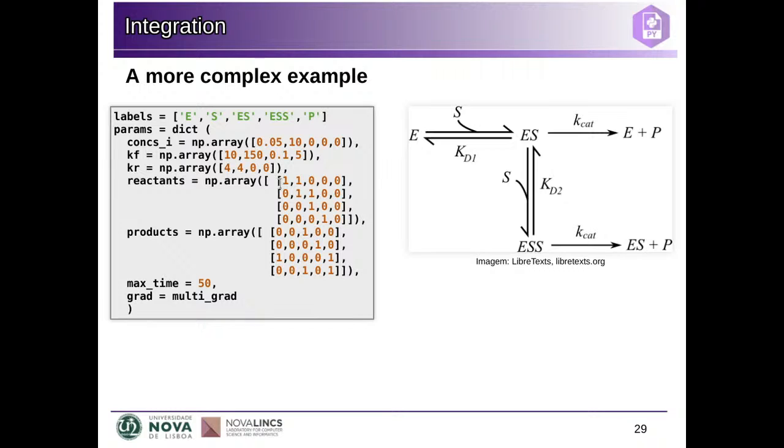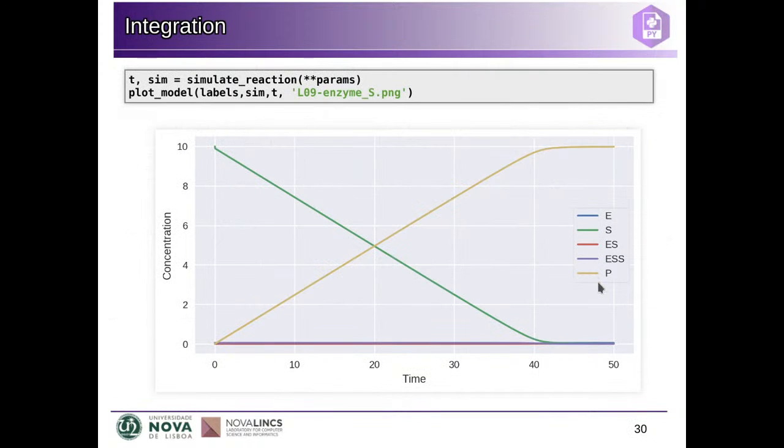We have now these 5 species, so E, ES, ESS, and P. You can specify all the different reactions, both on the side of the reactants and on the side of the products. We can also specify different constants for all of these reactions, and now we just run everything, and we have all the different complexes here.